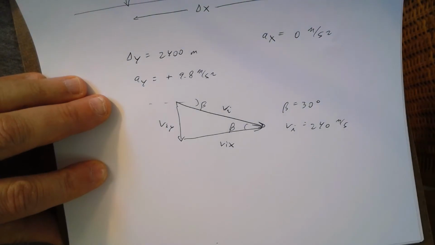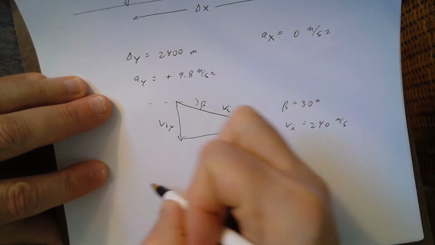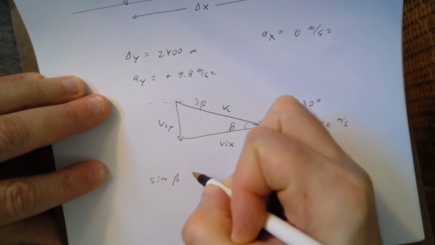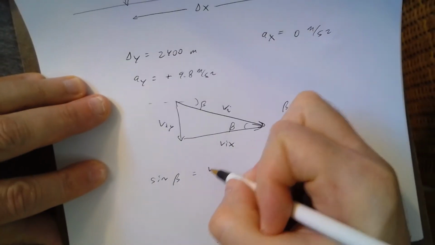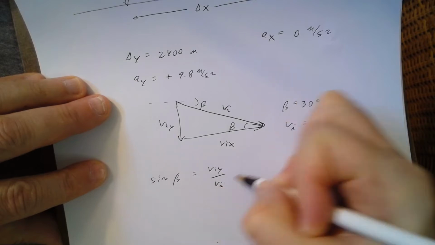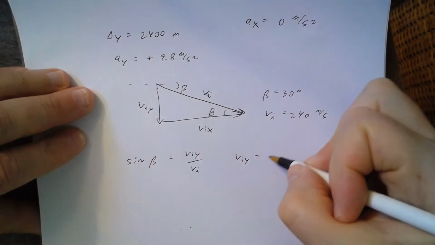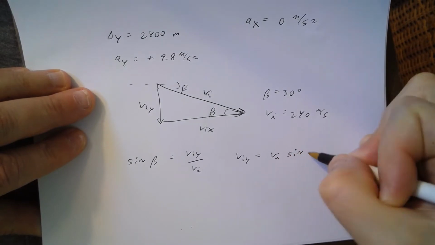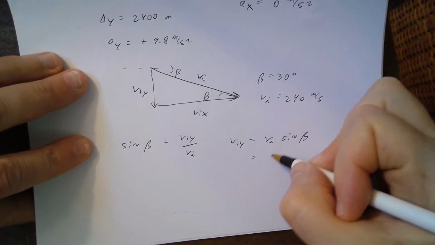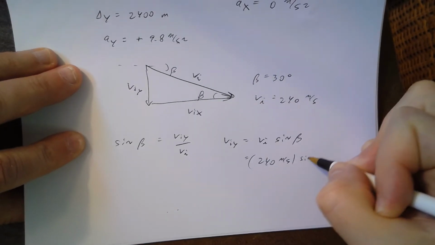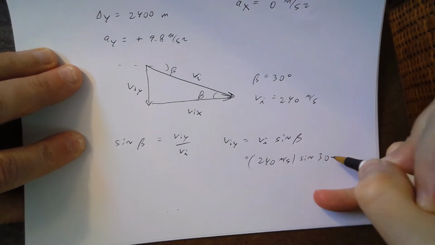I know that sine of beta will be opposite over hypotenuse. That's viy over vi. Therefore, viy is vi sine of beta, which is 240 meters per second times the sine of 30 degrees, which is 120 meters per second.